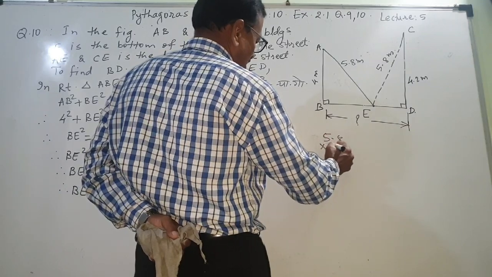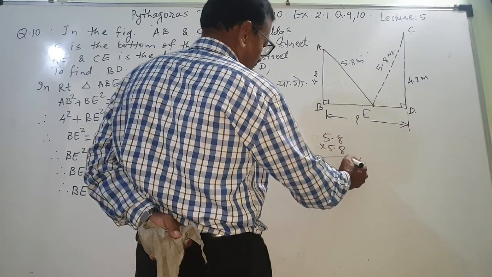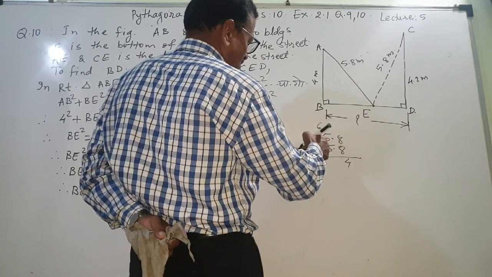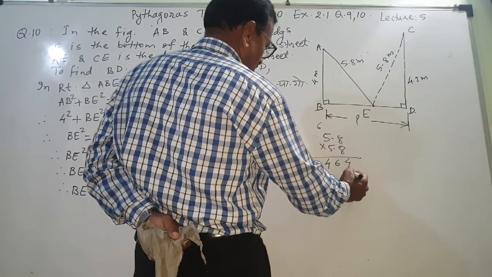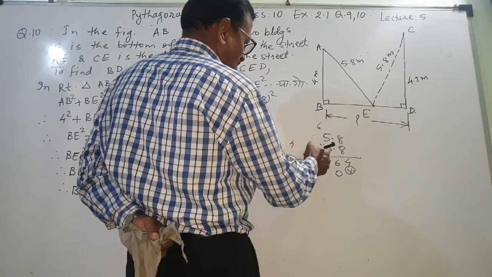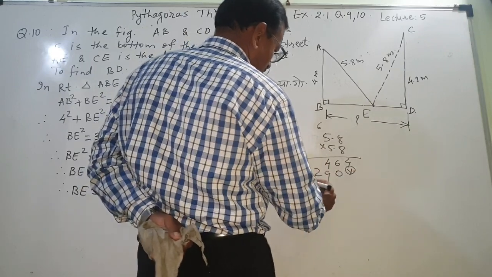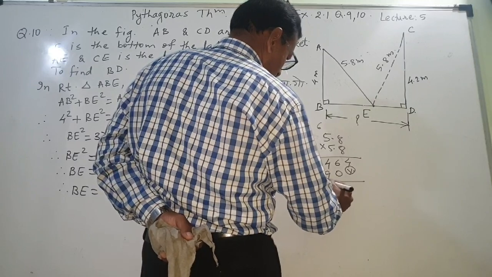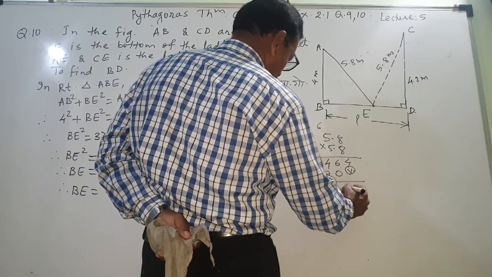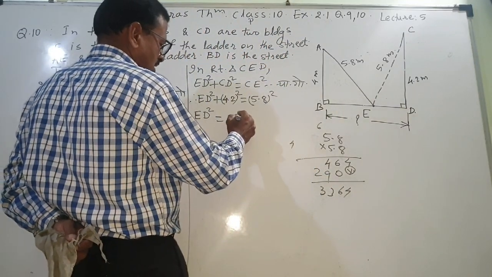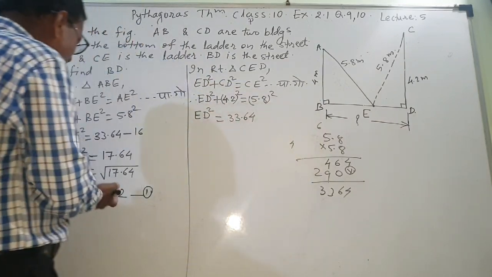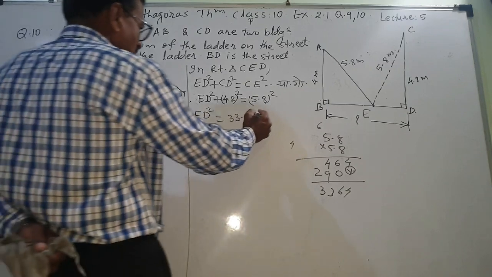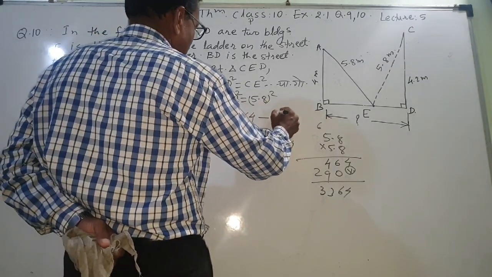5.8 into 5.8. 8 8s are 64, carry 6. 8 5s are 40, 46. 5 5s are 25 plus 4, 29. So 3364. It was 33.64. And 4.2 square just now it is here, minus 17.64.